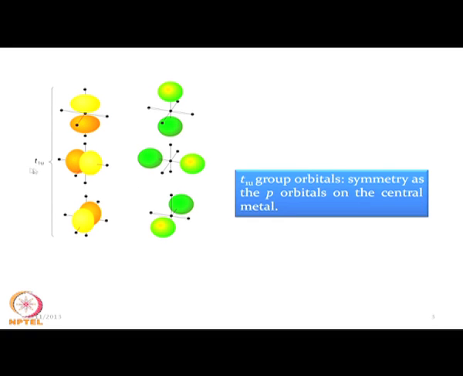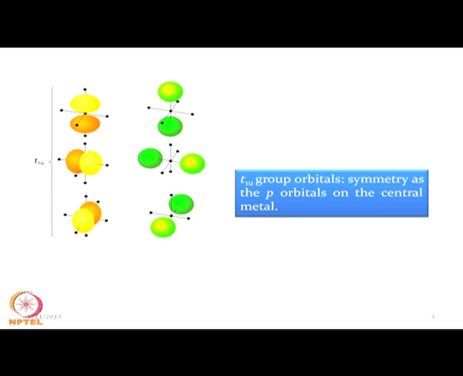Next, we have the T1u group orbitals, which have the same symmetry as the p orbitals on the central metal ion. So, now we are talking about something which we have not discussed in the case of crystal field theory, because we have not considered the p orbitals for any kind of interaction between the metal and the ligand in crystal field theory.